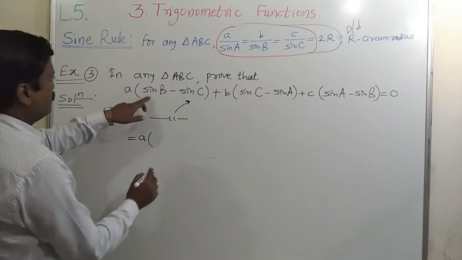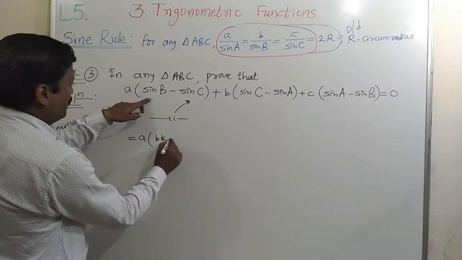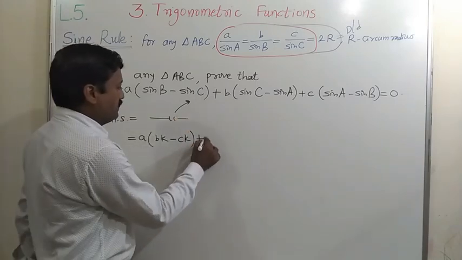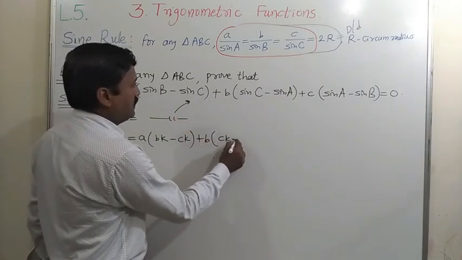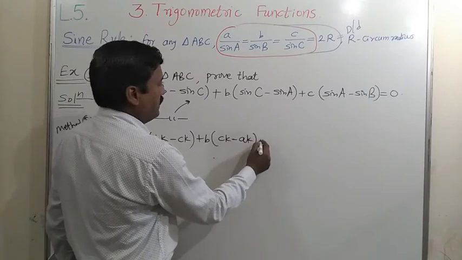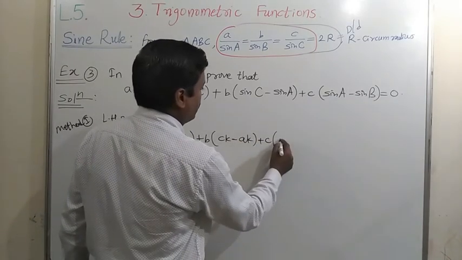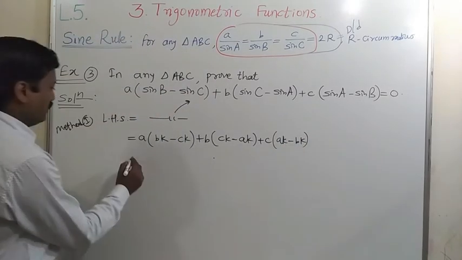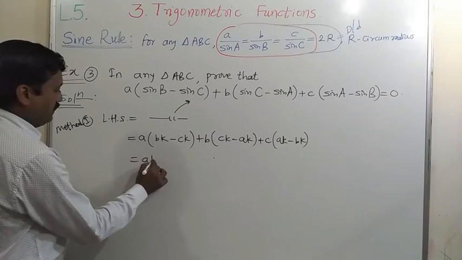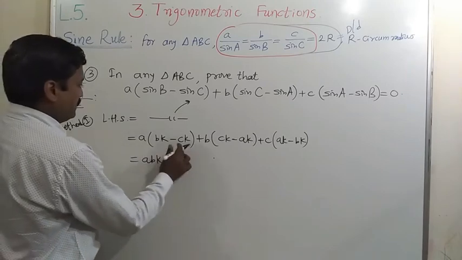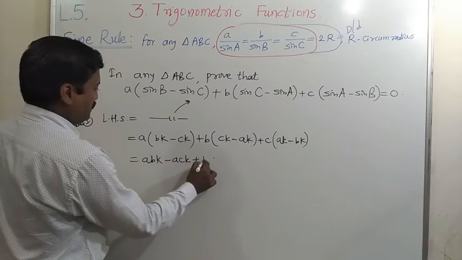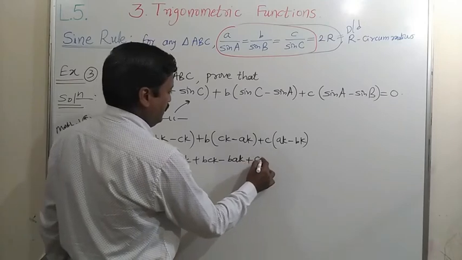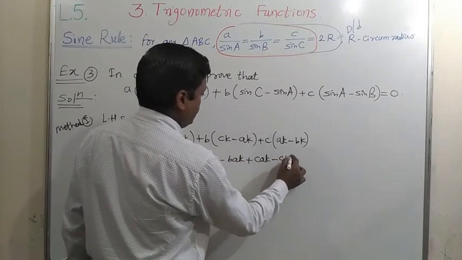Using that we get A into sin B, that is BK, minus sin C which is CK, plus B into sin C which is CK, minus sin A which is AK, plus small c into sin A, which is AK, minus sin B, and this last one is BK. So simplifying this we get ABK minus ACK plus BCK minus BAK plus CAK, and last one is minus CBK.